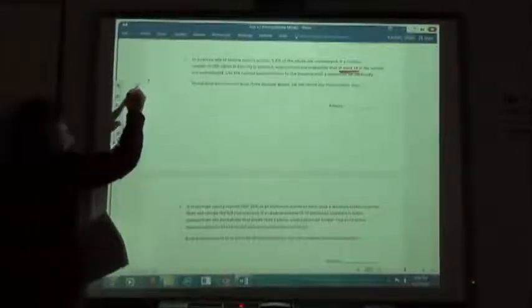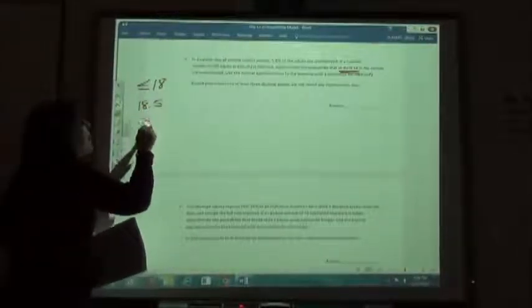So at most means I'm going to do less than or equal to my 18. So if you look at your table for less than or equal to, should I add 0.5 or subtract 0.5? Add, okay? So we're going to use 18.5 for our x value then.